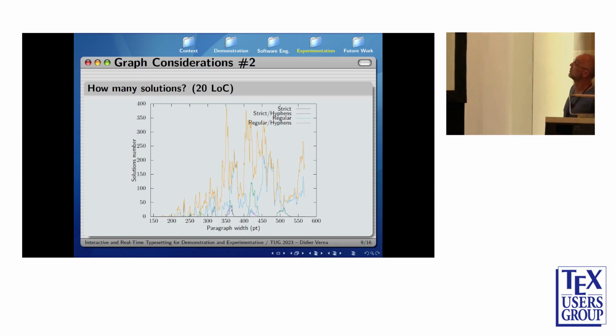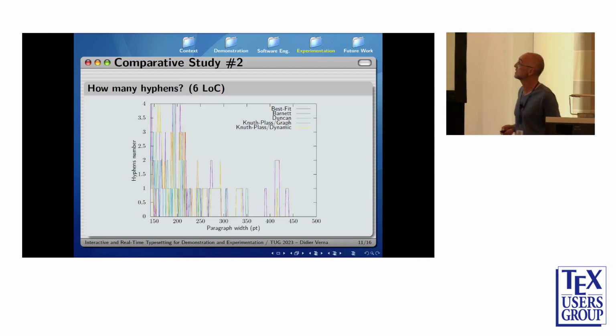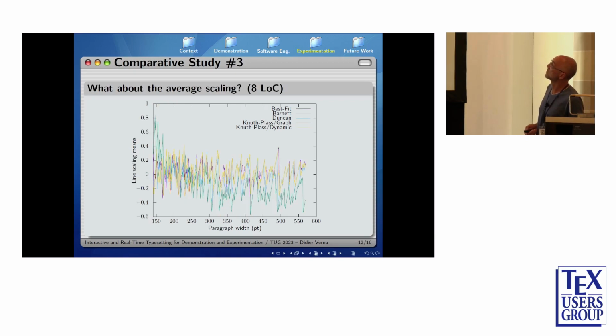This is just an example. Another example: how many overfull or underfull lines you have per paragraph width. It takes 10 lines of code to get that. How many hyphenated lines? It takes 6 lines of code, and so on. What about the average scaling for every algorithm?